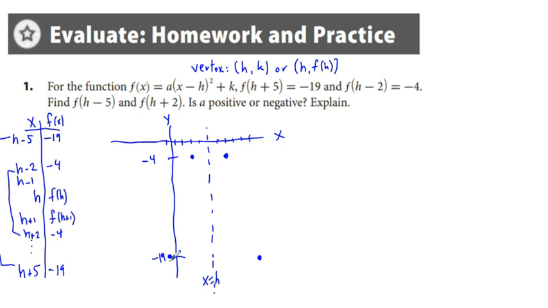So we don't know exactly where it is, but we know that our vertex is going to have to be somewhere up above. So the general shape of what we're looking at in our parabola looks something like this.